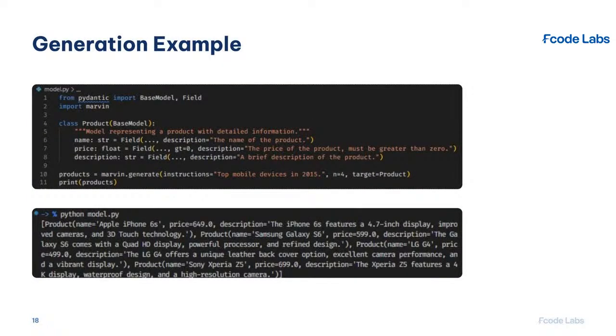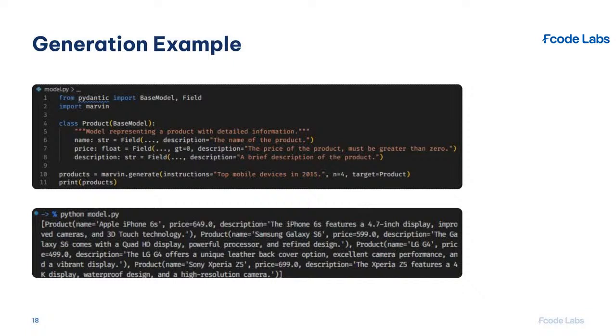Here's a simple text generation example. I have a product class with the name, price, and the description. I have explained what the product does in the docstring, and the name, price, and the description have separate descriptions in the field, and I'm sending it as the target in the Marvin generate function.